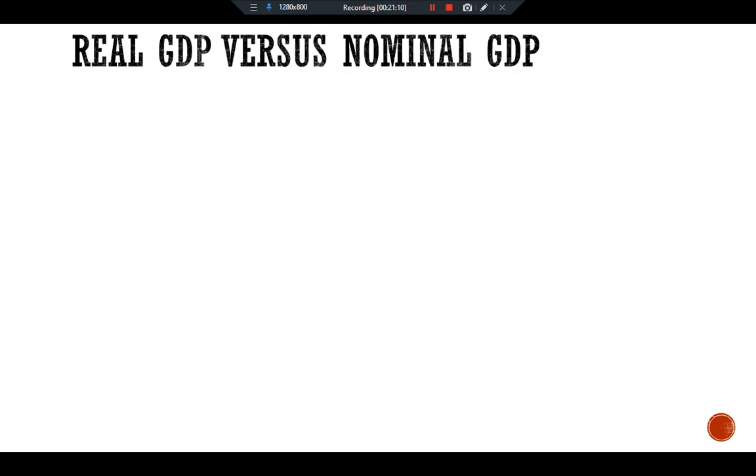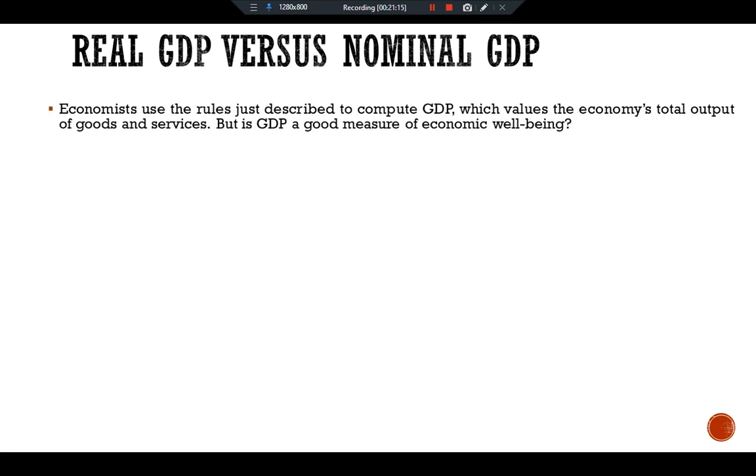Real GDP versus nominal GDP. Economists use the rule just described to compute GDP, which values the economy's total output of goods and services, and GDP is taken as a measure of economic well-being. Consider once again the economy that produces only apples and oranges. In this economy, GDP is the sum of the value of all apples produced and the value of all oranges produced.